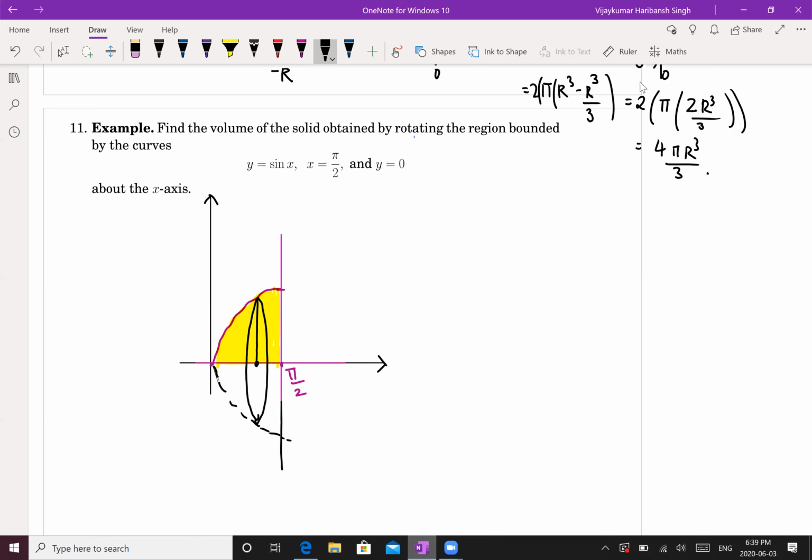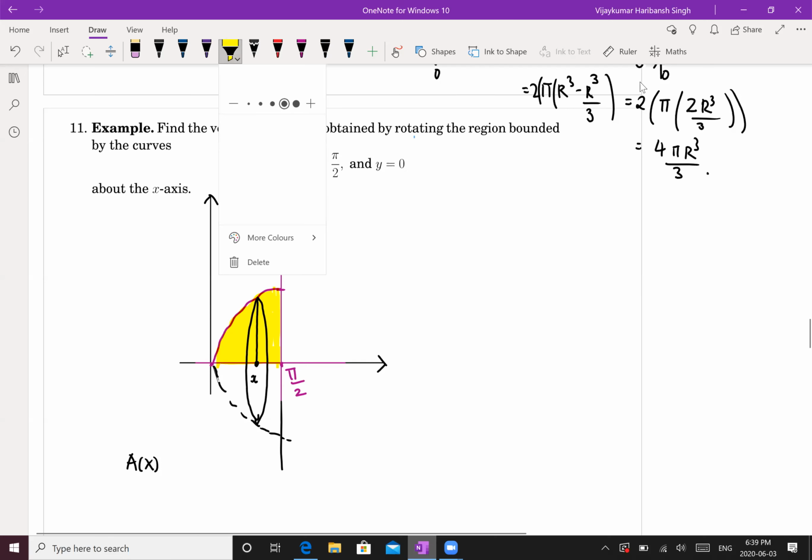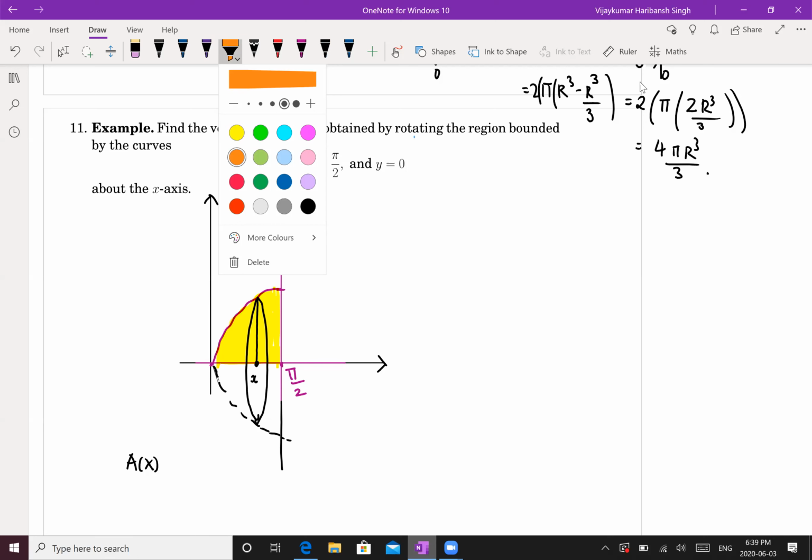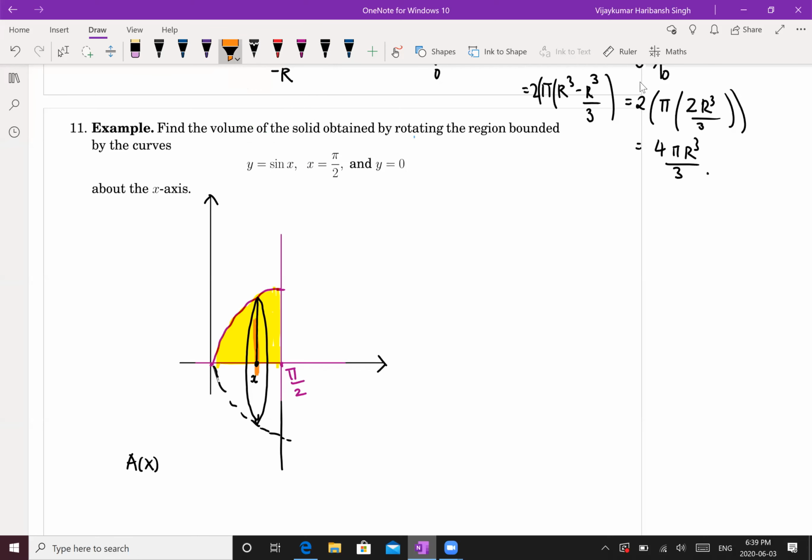So on top of x, what is A of x? Yeah, A of x is this region here, right? So this is your A of x. So let's find the area A of x. So this is going to be pi, and this is given by y, and what is your y?